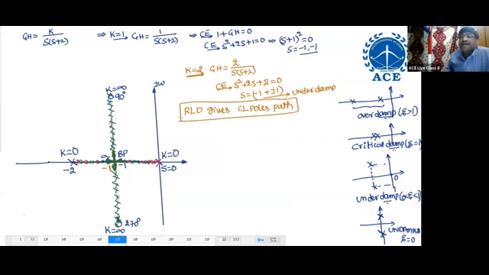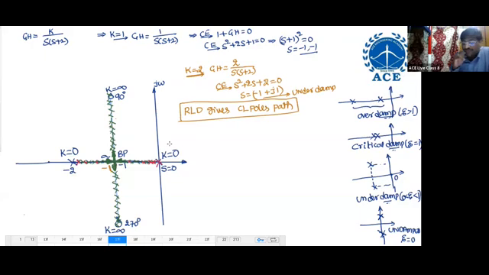After calculating, if you draw the RLD, that is a closed loop poles path, because all the rules are framed by taking 1 plus GH equal to 0. By taking the characteristic equation only, we formed the rules. Angle condition, what did we take? 1 plus GH. So that's why by default you get the closed loop poles path.